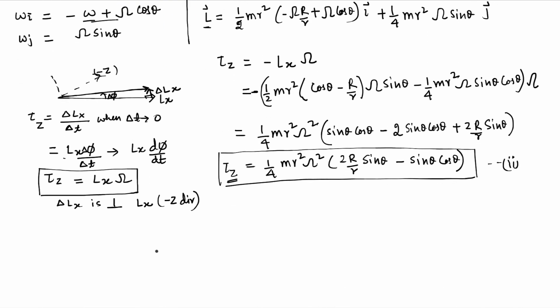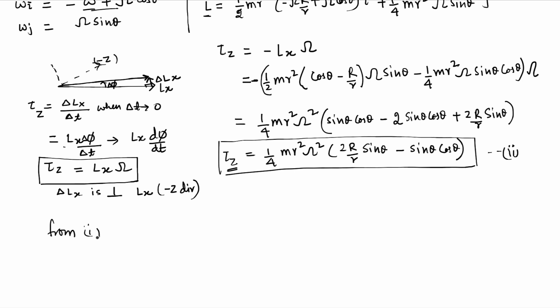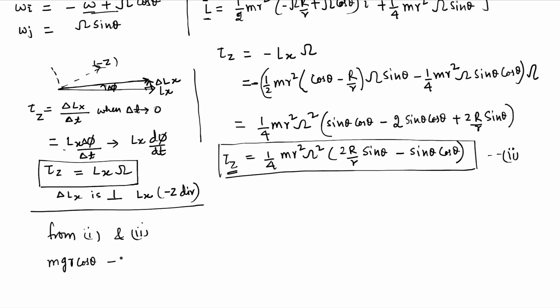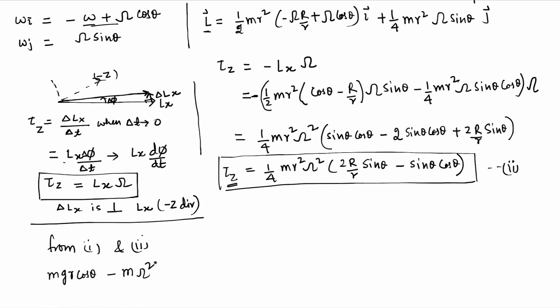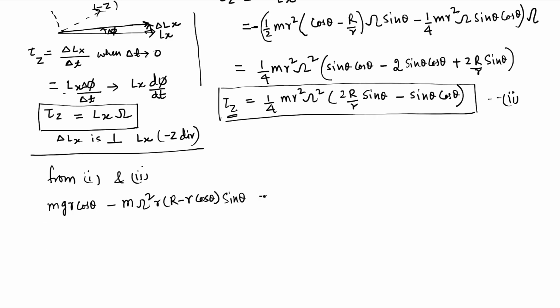So let's do that. From 1 and 2, we have mgr cos theta minus omega square r minus r cos theta, this is equal to this whole thing. So let's just simplify this.